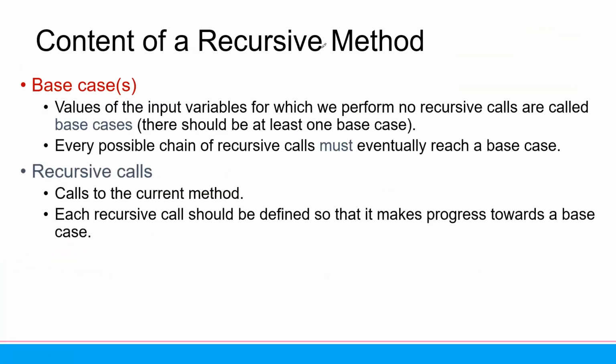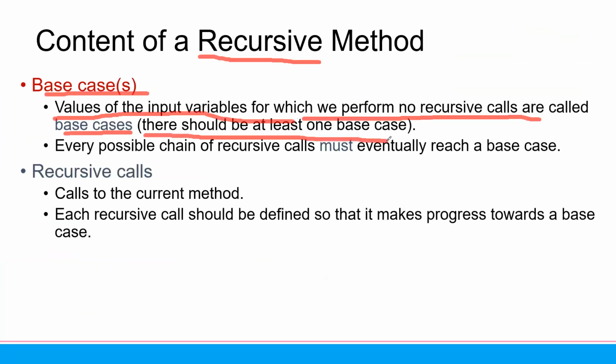So the recursion or the recursive, sometimes we call it recursion, sometimes we call it a recursive method. It will have this case. Values of the input variable for which we perform no recursive calls are called the base cases. So there should be at least one base case. It means we can have many base cases.